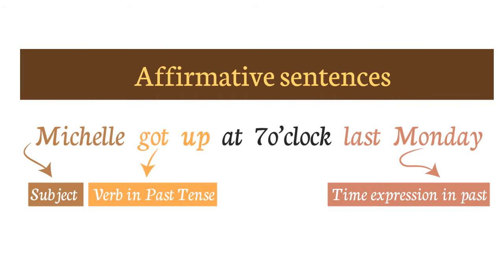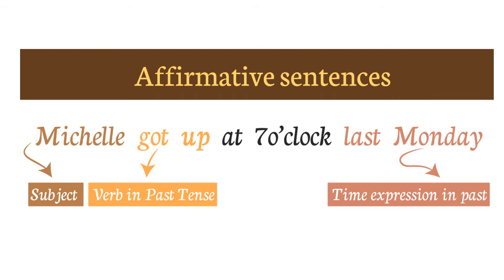Here we have another example that says, Michelle got up at 7 o'clock last Monday. Michelle se despertó, en pasado, Michelle se despertó a las 7 de la mañana el anterior lunes, ¿ok? The order, first the subject, el sujeto, then the verb 2, luego el verbo 2, que en este caso el presente es get, pero el pasado es got up.